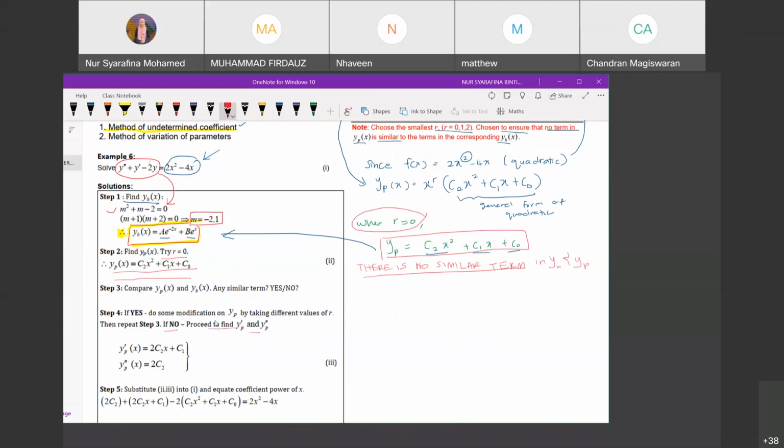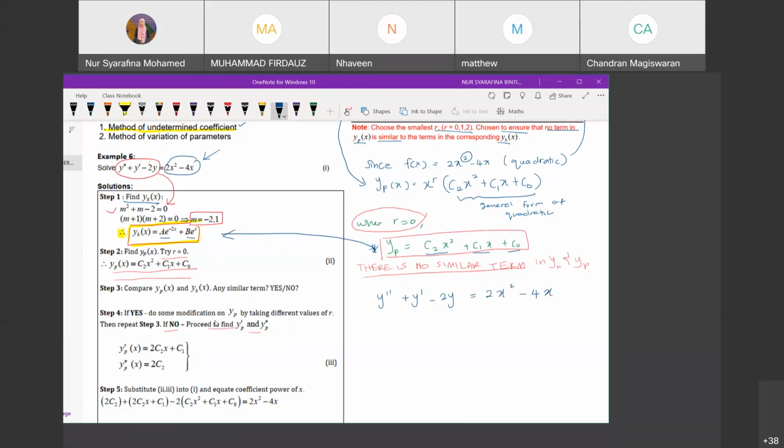Why do we need to differentiate this YP? Once you obtain your YP, your next step is to take a look at the differential equation given. The differential equation is y double prime plus y prime minus 2y equals 2x squared minus 4x.